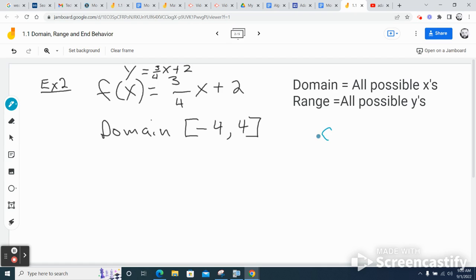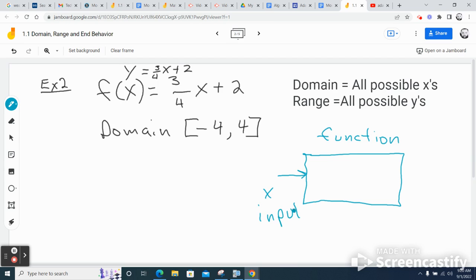So when we say f is a function, you want to think of a function like a machine, where my x value is what we call an input, and that spits out a y value, right?